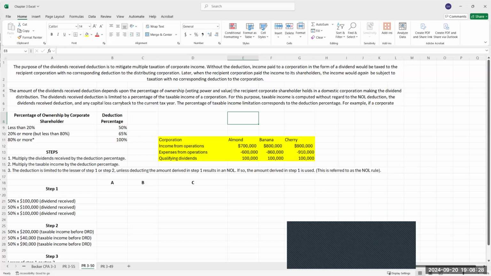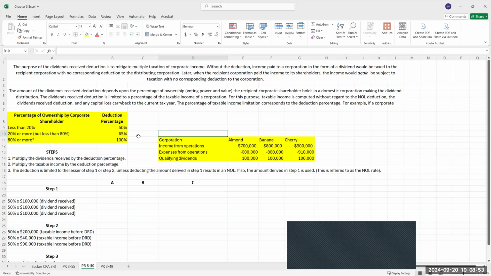So the amount of the dividends received deduction ultimately depends on one determining factor: what is the percentage of ownership? Depending on the percentage of ownership, that ultimately determines the deductible amount. However, there is a limitation. The dividends received deduction is limited to a percentage of the taxable income of a corporation.